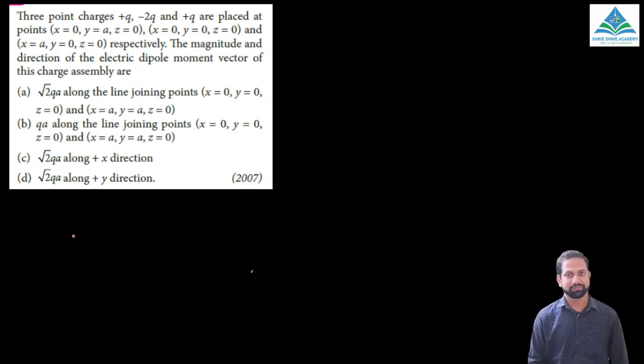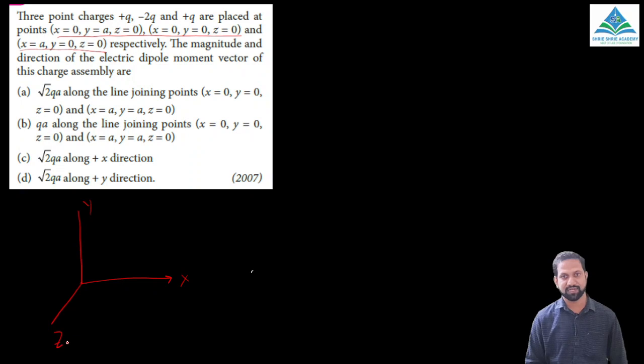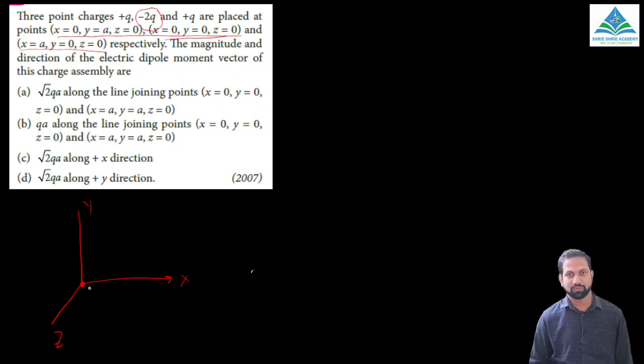Remember, if you can draw the diagram, it will be very useful. These coordinates you have to locate in the coordinate system first of all. So consider this is your coordinate system, x axis, y axis and z axis. You know (0, 0, 0) is the origin. The second charge, which is minus 2q, is placed at the origin.